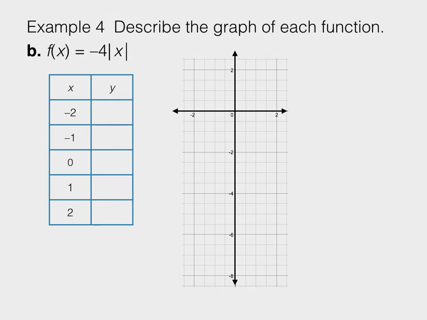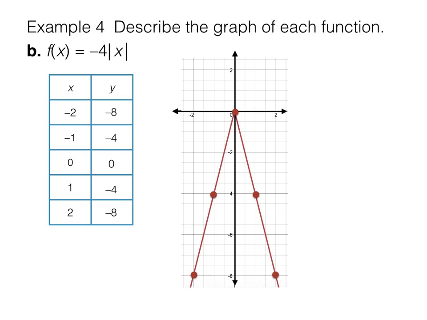All right, one last example. And here we have f of x equals negative 4 times the absolute value of x. Now this is interesting, because when we go to graph this, instead of the graph opening up, it's going to open down. And we'll try to make sense of that. It'll be the same vertex, 0, 0, right, because there was no horizontal or vertical shift.